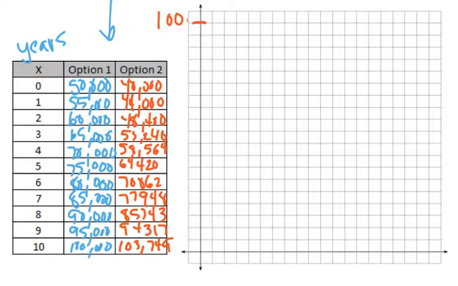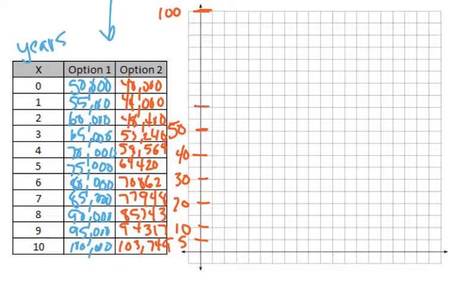Okay, actually make the top one 100,000. So this one right here would be 50,000. Okay. So basically you would go like this. You'd be going up every 2, so you'd be going up by 5,000 each time. Okay?